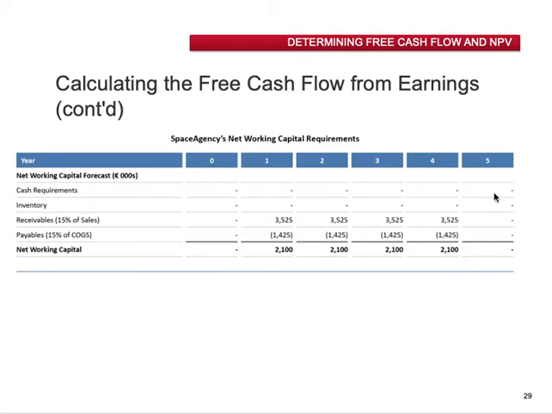So in year 5, we actually have a disinvestment in net working capital, which will generate a cash inflow of 2,100,000. So in a nutshell, in year 1, we have a negative cash outflow of 2,100,000 in terms of working capital investment. And in year 5, we have a disinvestment, and here we need to add 2.1 million to the cash flow.